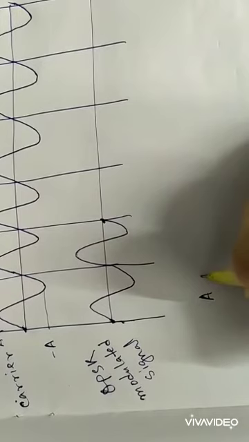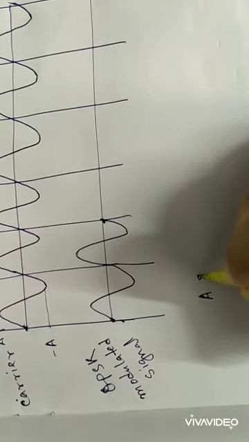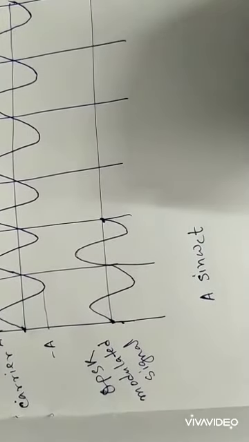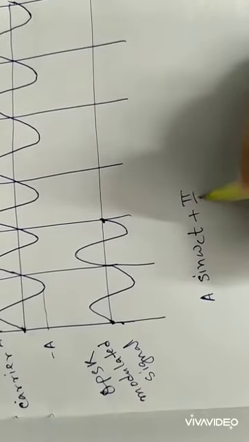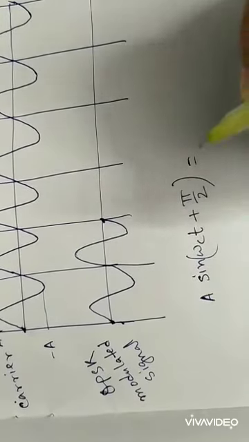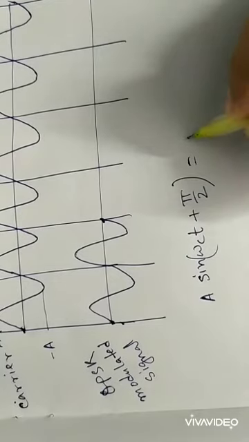Because if you have a signal A sin omega ct and I change the phase of this sine omega ct by 90 degrees, shifting the phase by pi by 2, you will get A cos omega ct.